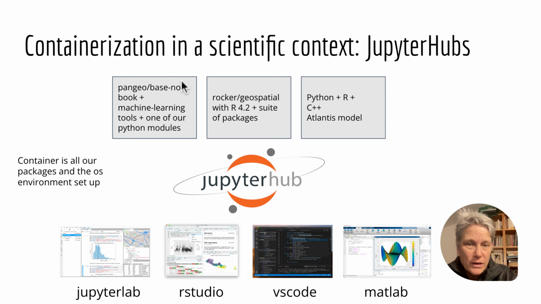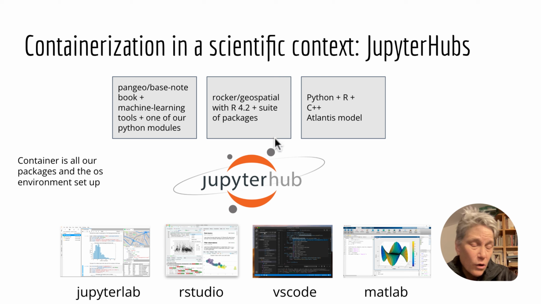For that, I'm going to have a base image. I'm going to use here a Pangeo, which is a base environment for geospatial analysis in Python. And then maybe I'll add some machine learning tools to that. I'll install those, and then maybe some more Python modules. That's going to define my environment, my image, my container.